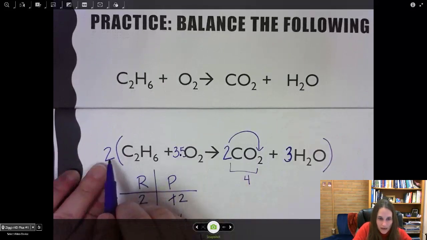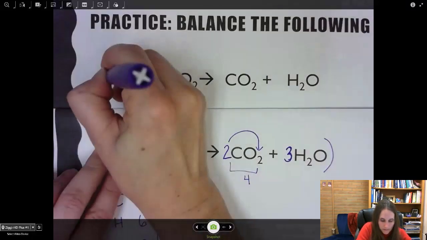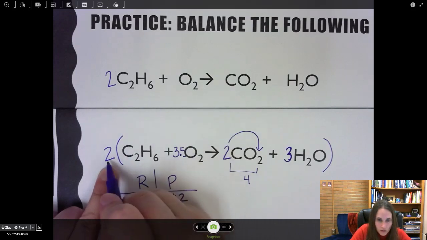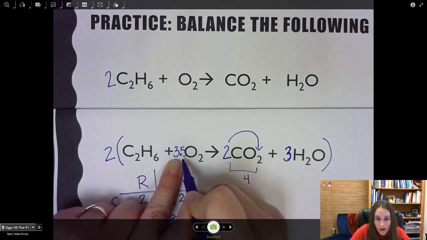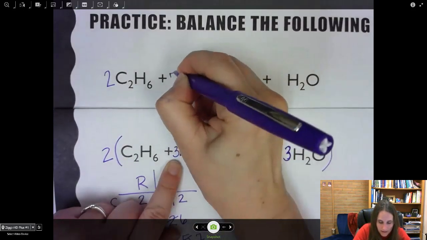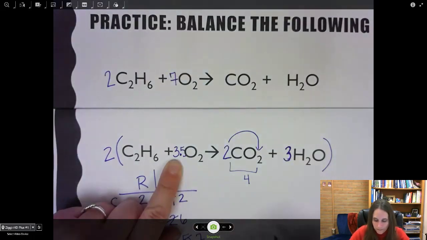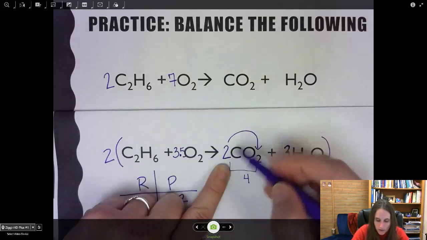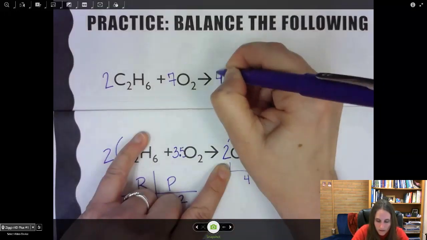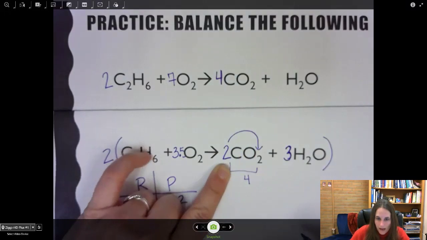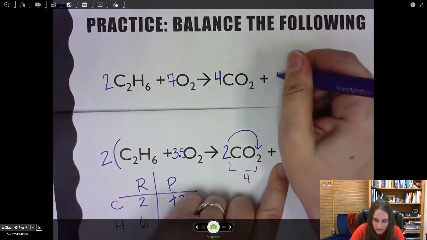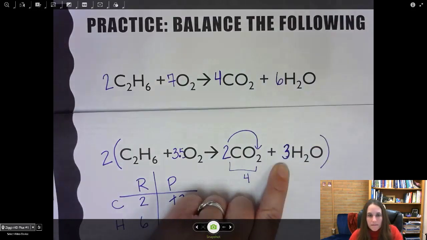So 2, and my coefficient was 1. So 2 of this molecule, this is called ethane. We don't learn the names in 121 for this. 2 times 3.5 is 7. 2 times 2 is 4. And then 2 times 3 is 6.